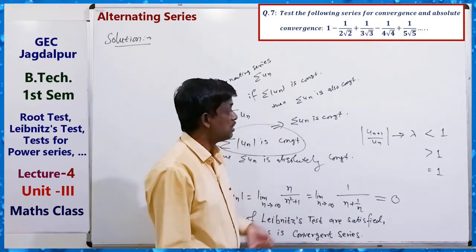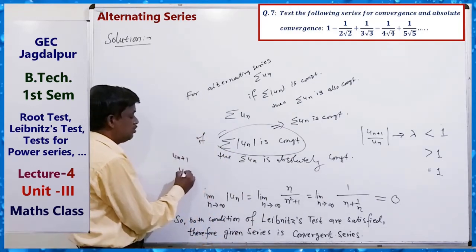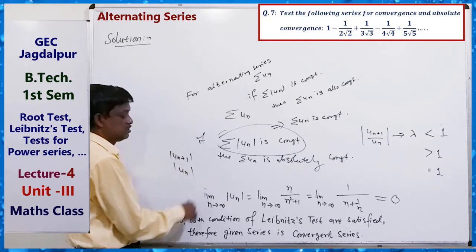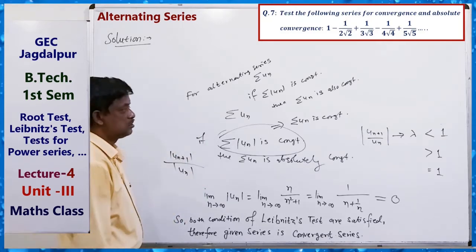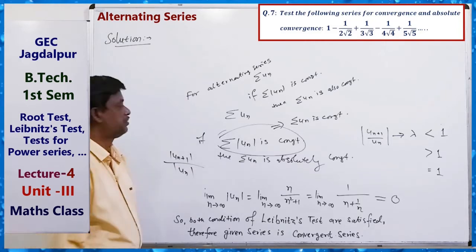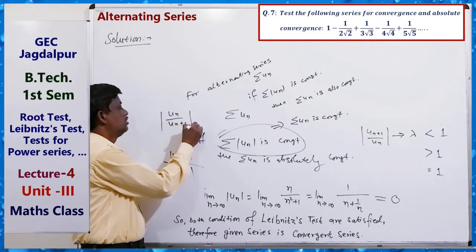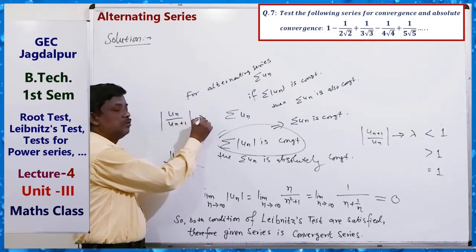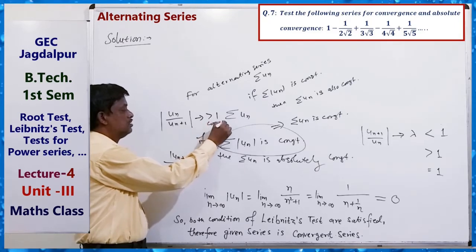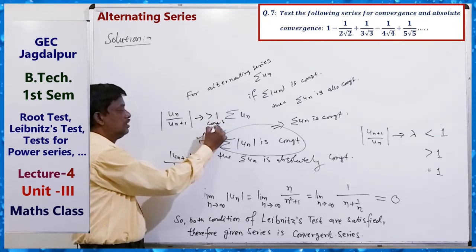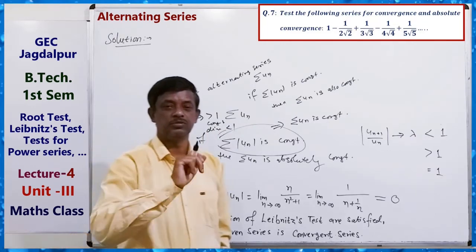So in place of un plus 1 and un, we just take the modulus. The ratio test can be applied by finding the value of un upon un plus 1: if greater than 1, convergent; if less than 1, divergent.